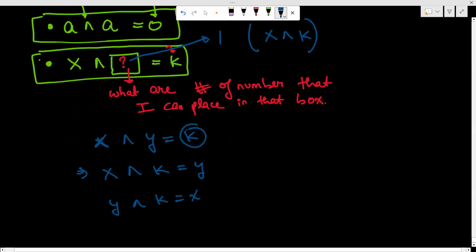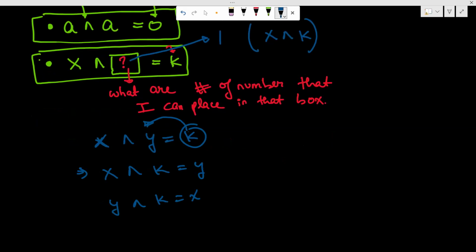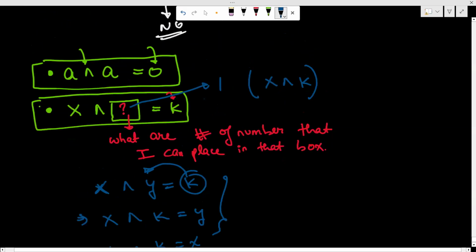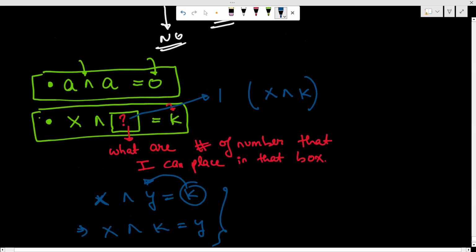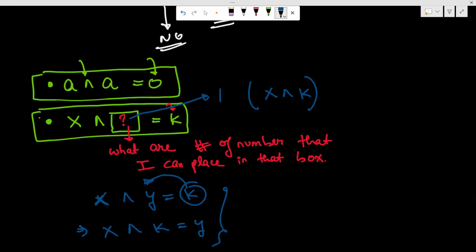You can anytime bring this k over here and send any of these variables x and y towards the right. So if you understand this, then you should also understand that there is only one possible number, or informally, only a unique number that can be placed in this particular box.